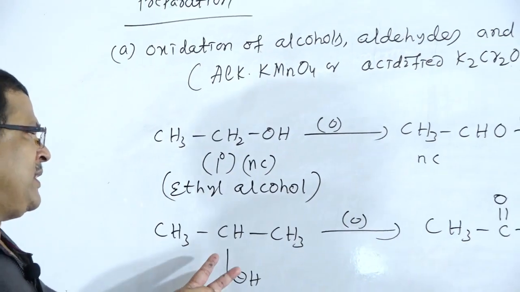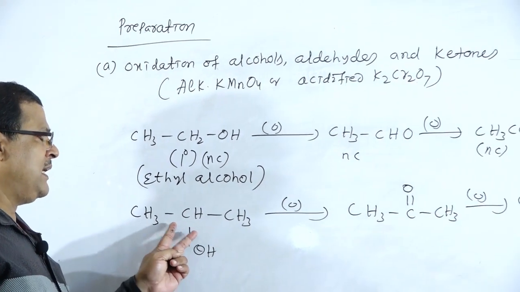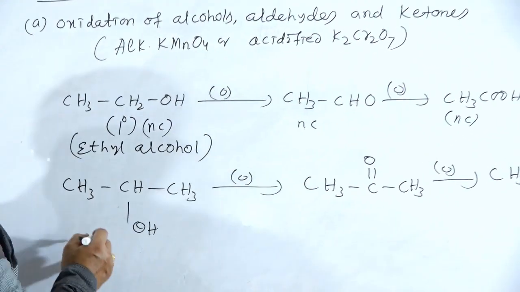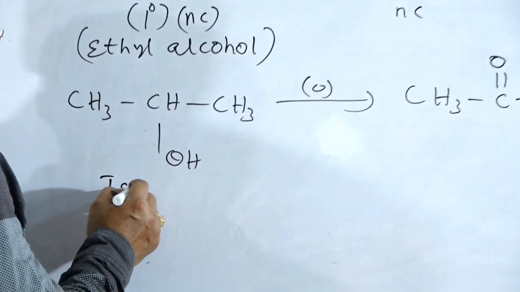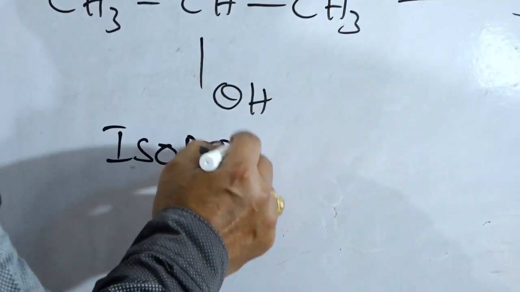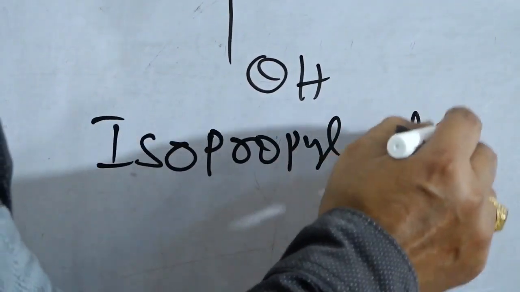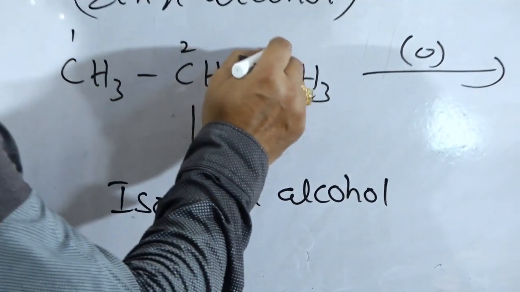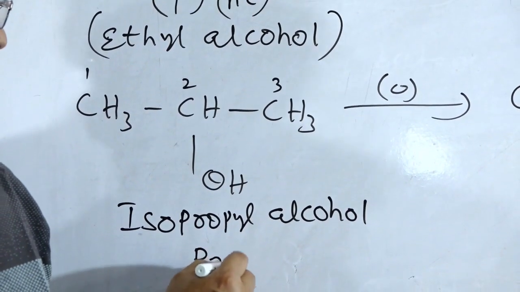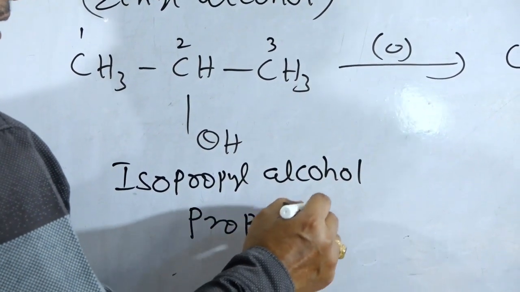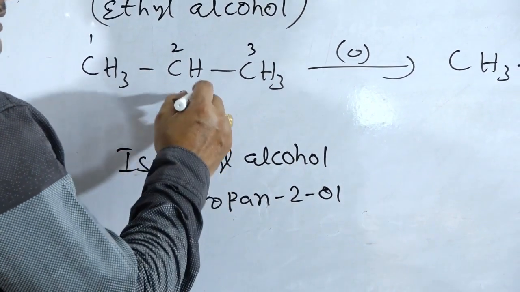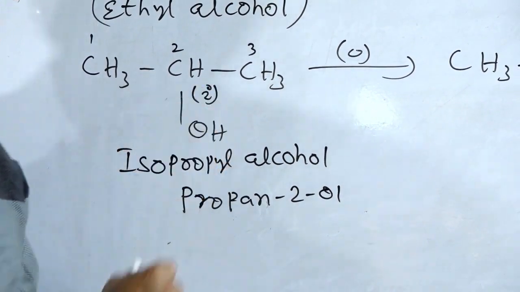Next we will see the oxidation of secondary alcohol, that is isopropyl alcohol, also called 2-propanol, which is an example of a secondary alcohol.